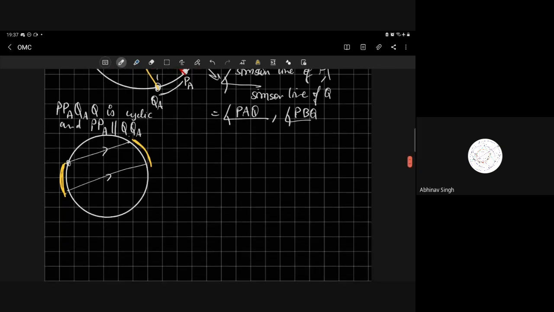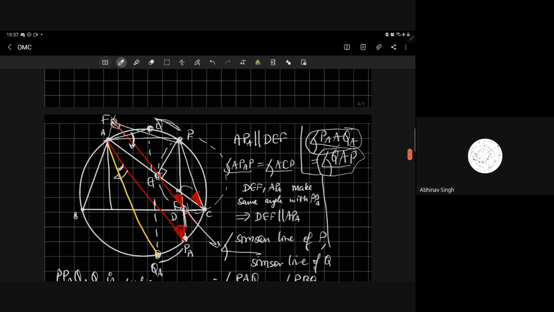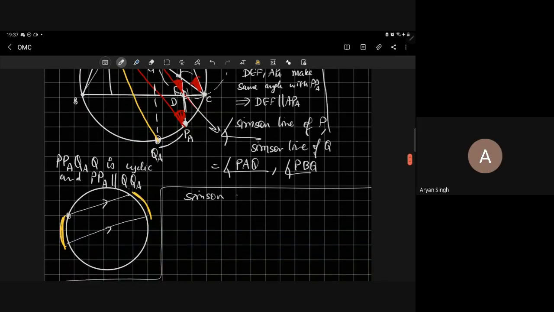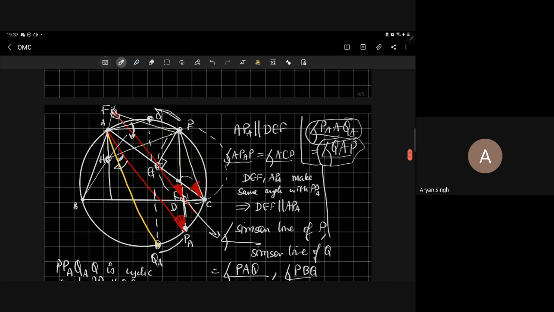So I was thinking the next thing is Simpson line. One more thing: let's call H the orthocenter of ABC. The Simpson line bisects PH. So what that means is, in this diagram, PH is bisected by the first red line.